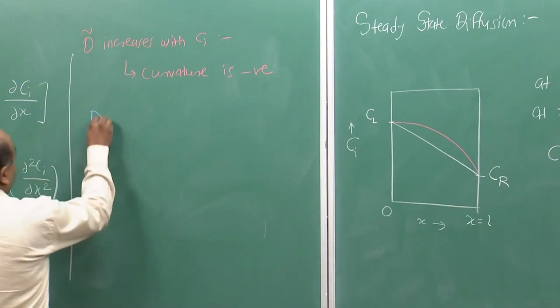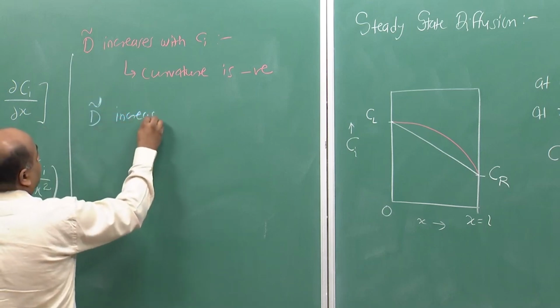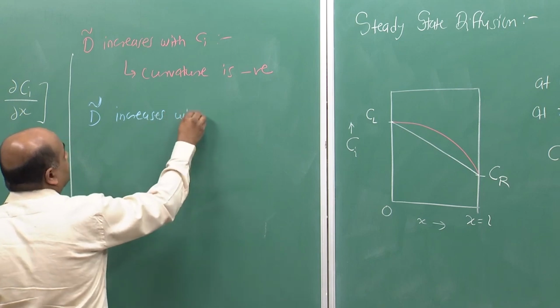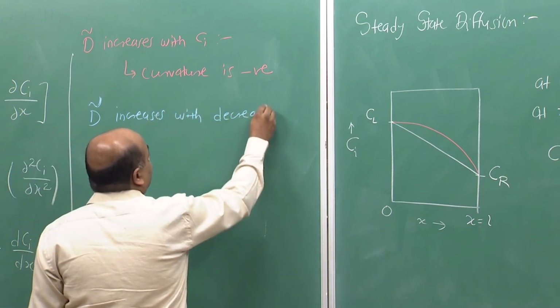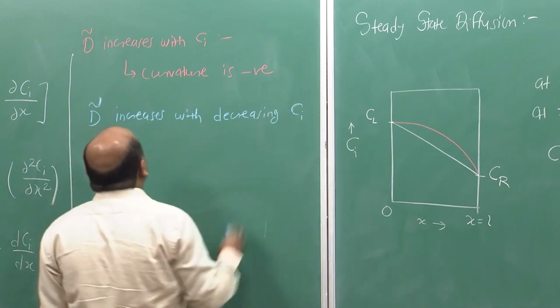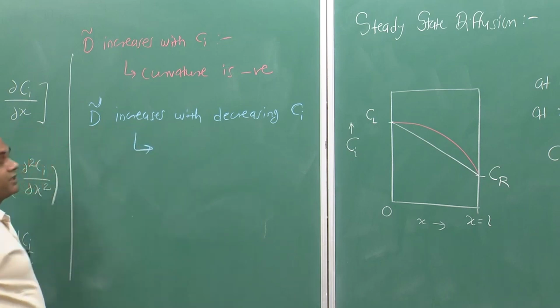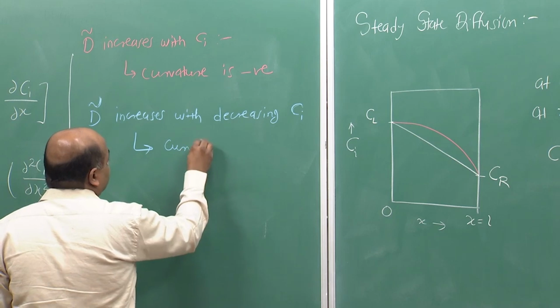Oppositely, if d tilde increases with decreasing Ci, or d tilde decreases with increasing Ci, then the profile will develop positive curvature.